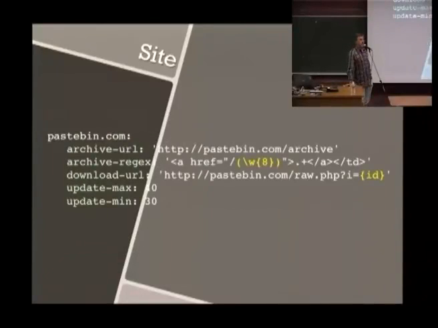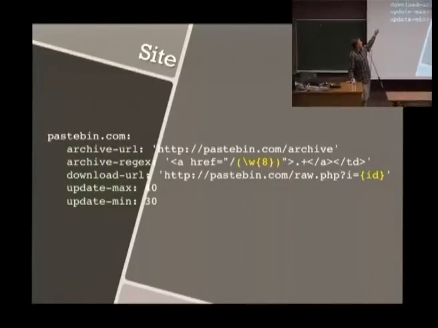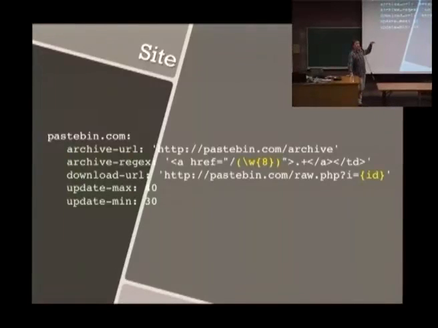The site configuration itself is extremely easy, so you can add your own site and share them, please. For pastebin, you have the archive URL. That's the page that contains the list of the last pastes; for pastebin, I think it's like 50 or 80 pastes. Then the regular expression you want to use to extract the unique paste ID, and the URL where it should download that ID.